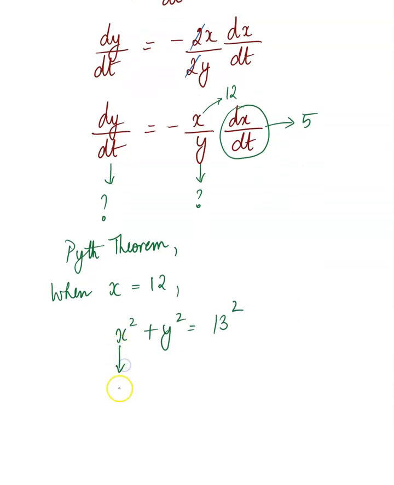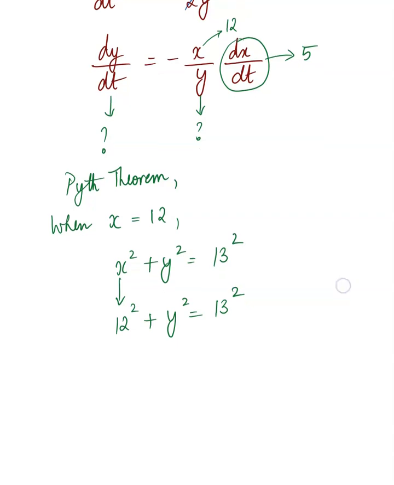So this will be 12 squared plus y squared equals 13 squared. Go ahead and solve for y. Y will be square root of 13 squared minus 12 squared, which comes out to be 5. Square root of 25, which is 5. So at that particular instant, when x is 12 feet, y will be 5 feet.